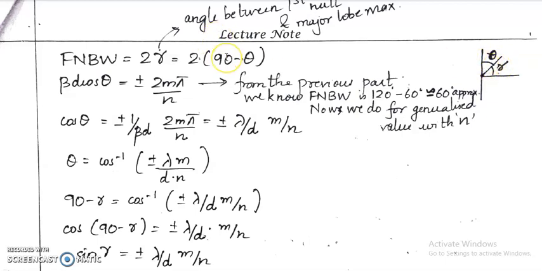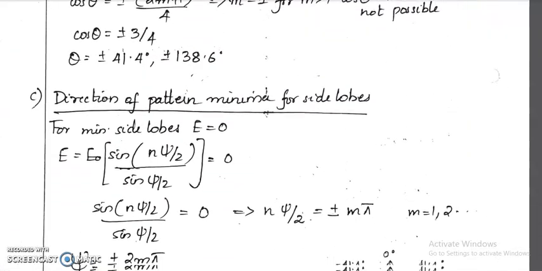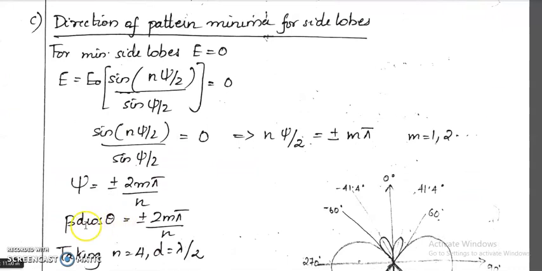We substitute that here, and we want to find the position of the first null point. For that we use the general equation. The first null points occur at beta d cos theta equal to plus or minus 2m pi by n. That is the condition for the null points.